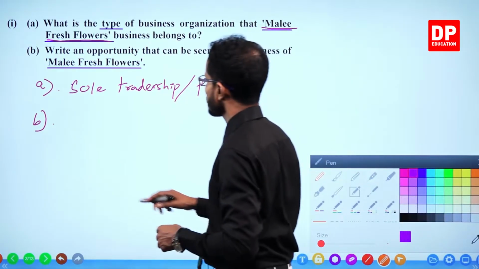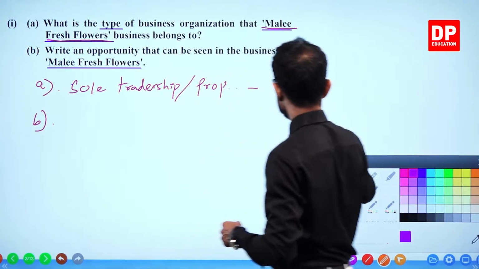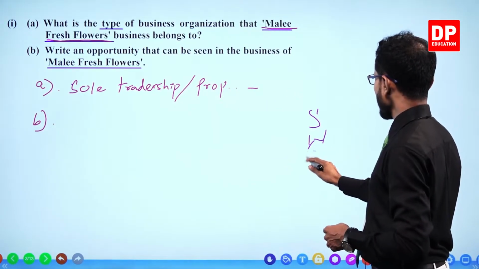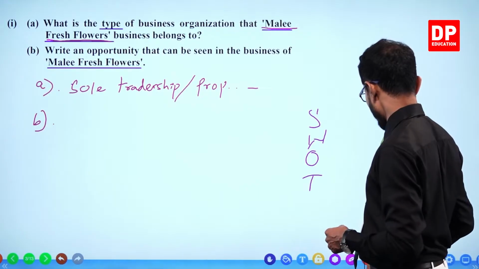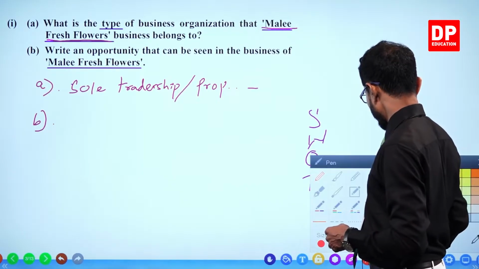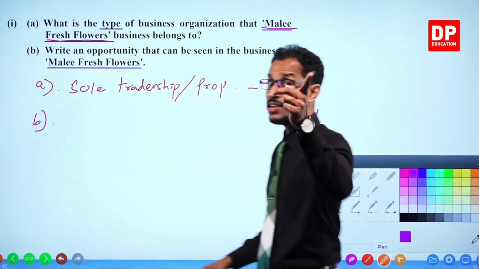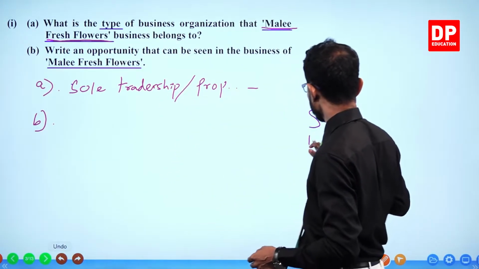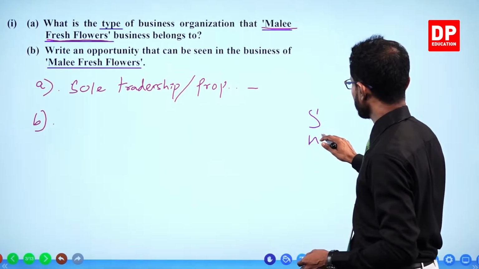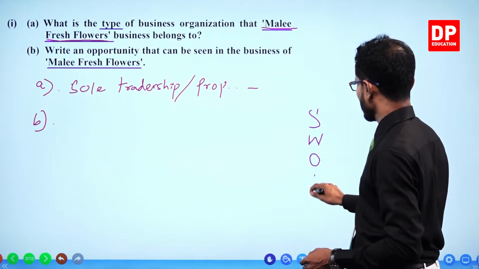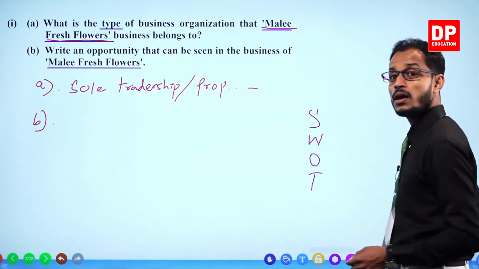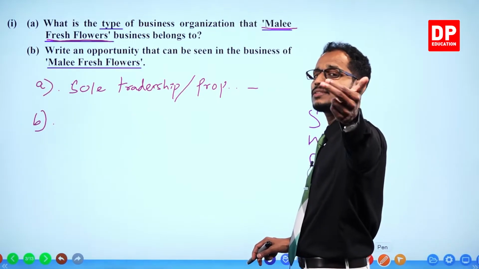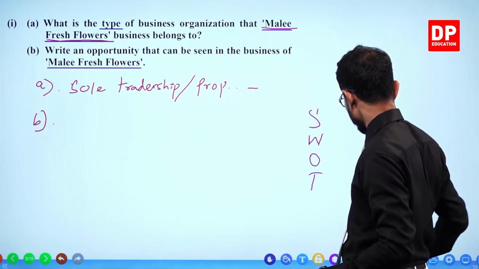Tell me the SWOT. Every time I get a question on opportunities and threats, I remind you of the SWOT. Don't I? I do that. Tell me, what is the SWOT? S stands for what?